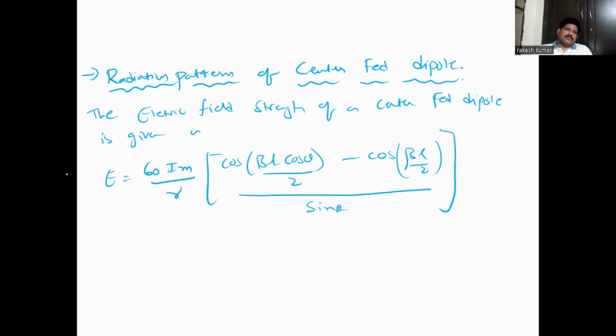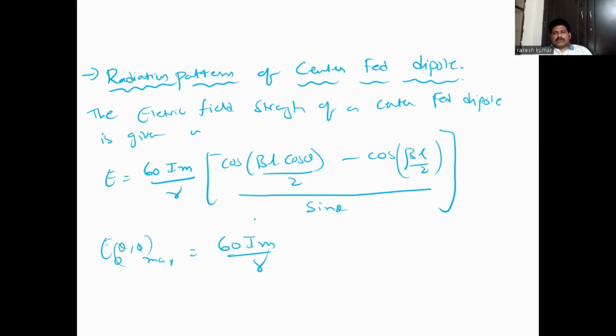So this is the value of E of theta comma phi. What is the value of E of theta comma phi max? It is equal to 60 Im by R.